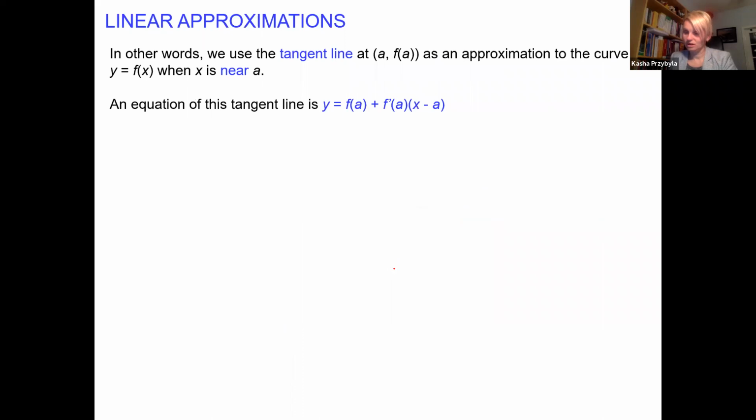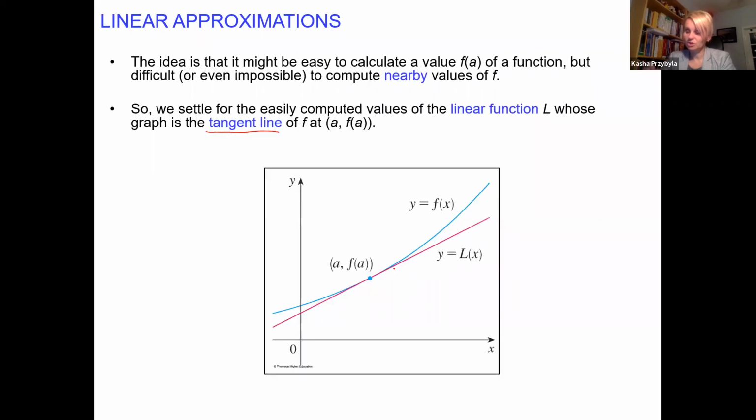But before I show you this, let's say we have a function f of x, and at the point, like this one, the point of tangency is a, f of a. I don't want to scare you with the equation that looks different; you know the equation, I just wrote it a different way.